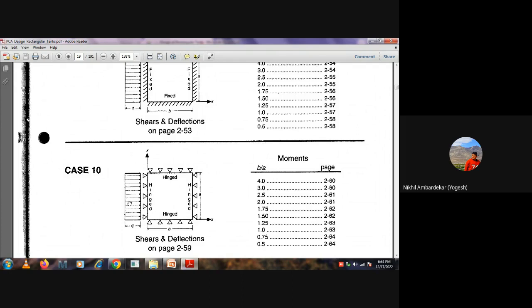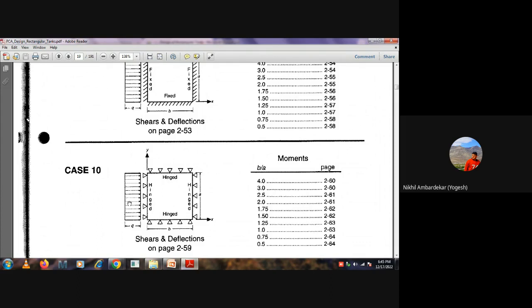And how will it get transferred? Through that reinforcement. Correct. If you don't provide the development length for the wall, it will not transfer to the base slab. So in that case it is considered that the wall is pinned.